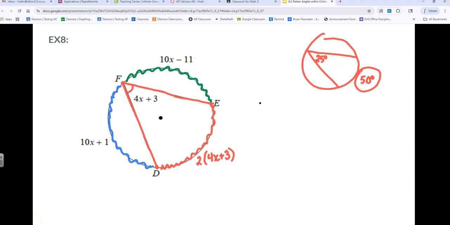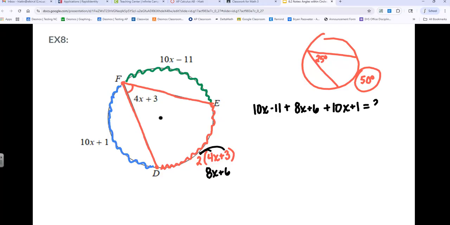So we're going to do 10x minus 11 plus, is it okay with you guys? I'm going to go ahead and distribute this. So that's going to be 8x plus 6 plus 10x plus 1.